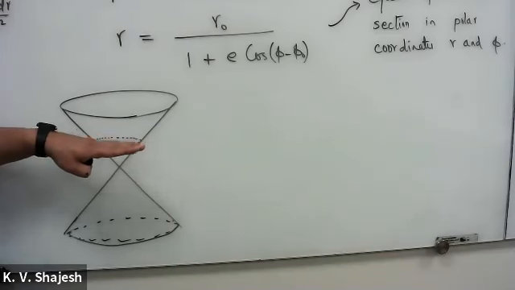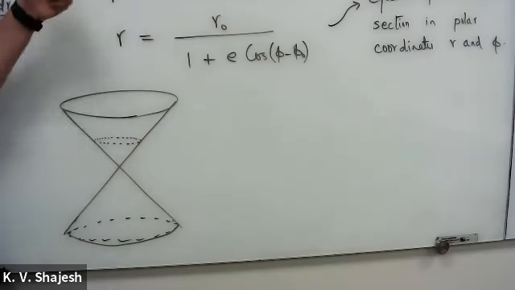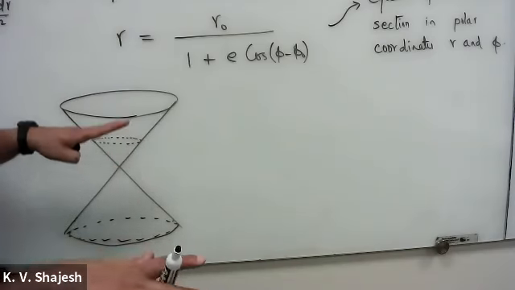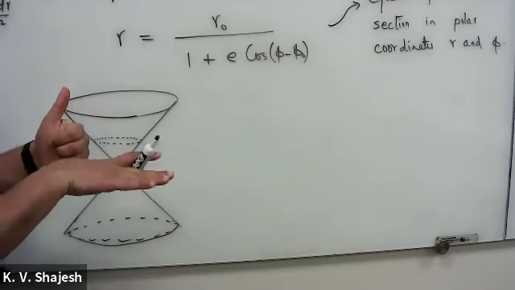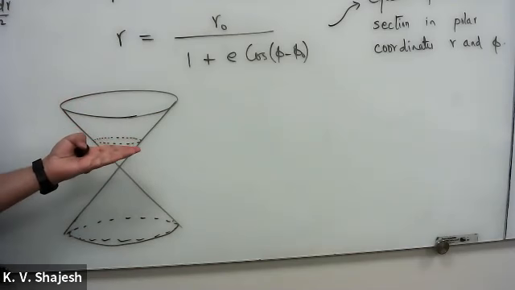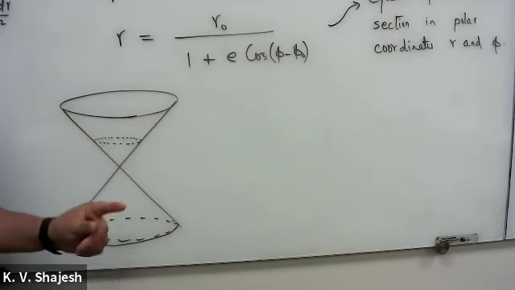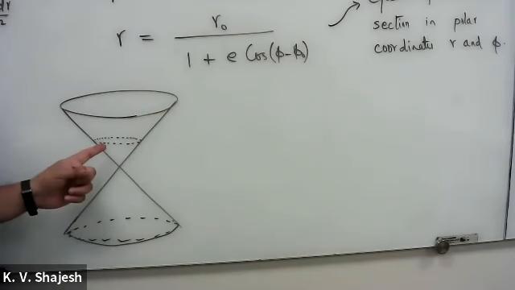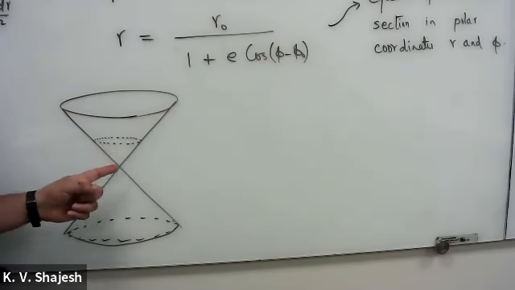Think of a vertical axis, and now I take a plane which is exactly perpendicular to that. If I slice this cone, I'll get a circle wherever it cuts the cross section of that cone.